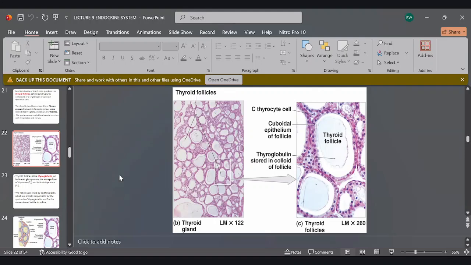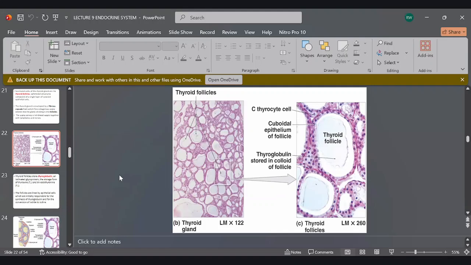On the left side, we have the thyroid gland, where it is written we have thyroid follicles. And then on the right side, the thyroid follicles are enlarged or magnified. On the periphery, we have the cuboidal epithelium of the follicle.